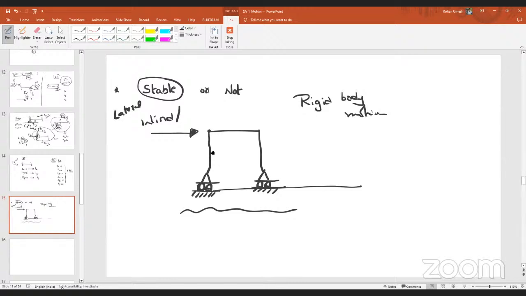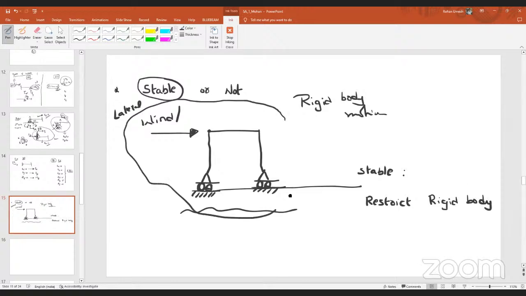So if you want your structure to be stable, then you have to restrict which type of motions? Horizontal. You should restrict the rigid body motion, right? In this case, how can I restrict the rigid body motion?